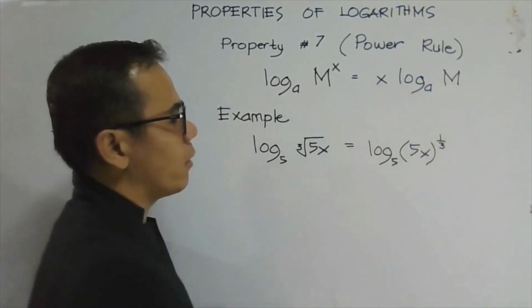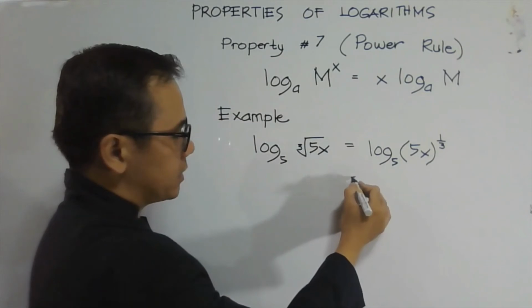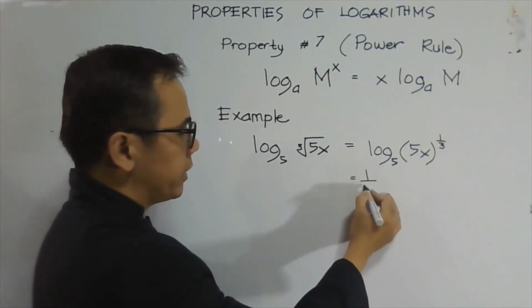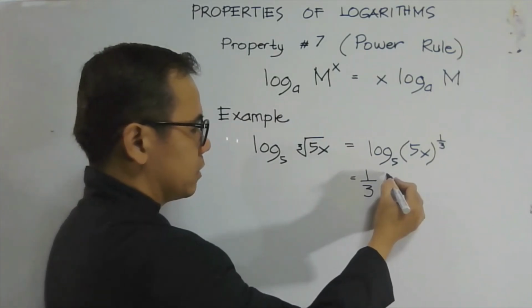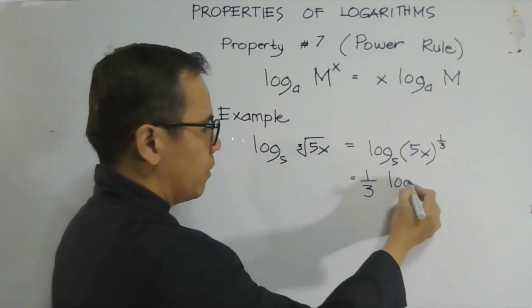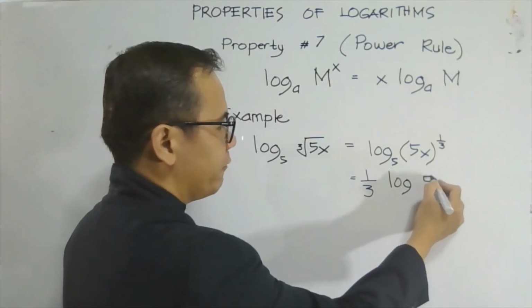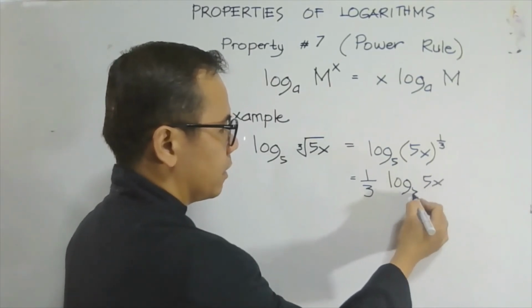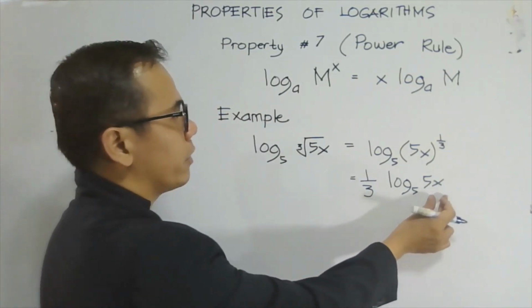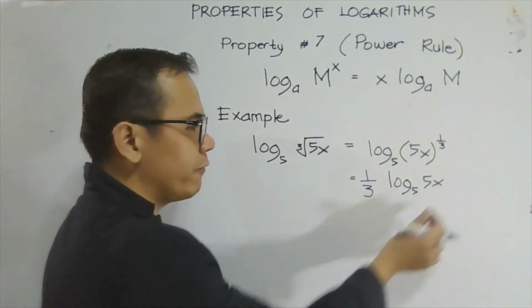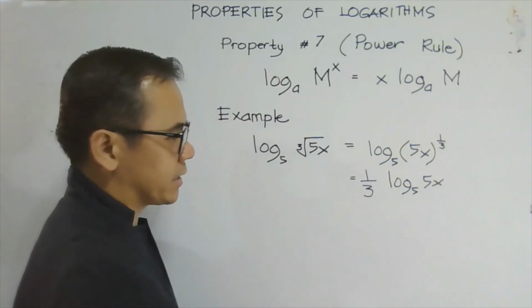Let's apply the power rule. This is now equal to 1/3 times the logarithm of 5x base 5. Now, since we still have here a product rule, property number 5, we need to simplify this.